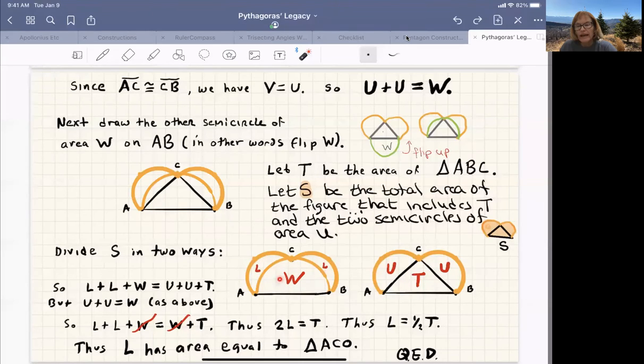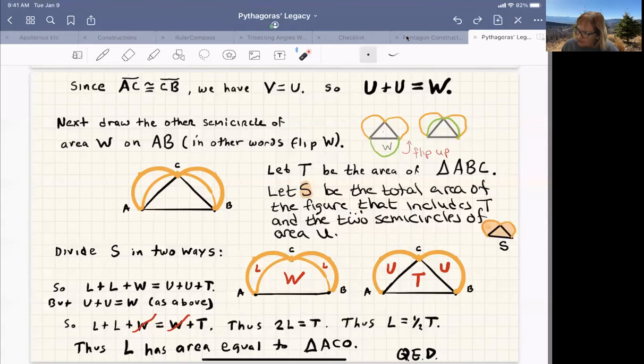So that still has area W, and then we're calling the area of the lune L. So if you add up all these regions, it's going to add up to S. And this is exactly the same shape. So if you add up all those regions, it's also going to add up to S. So therefore, these two are just different ways of dividing this shape up into smaller pieces.